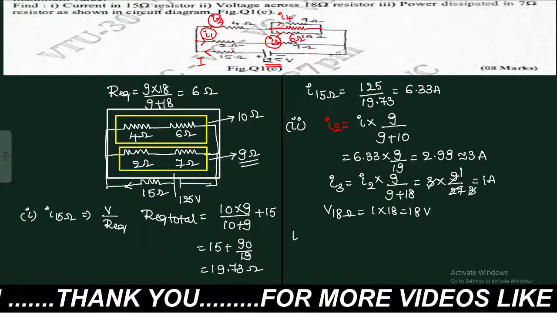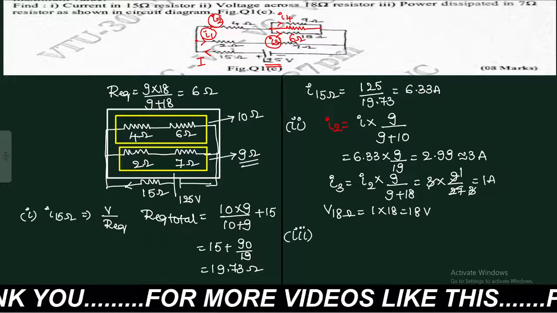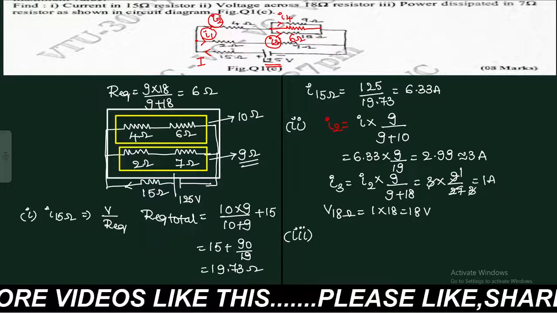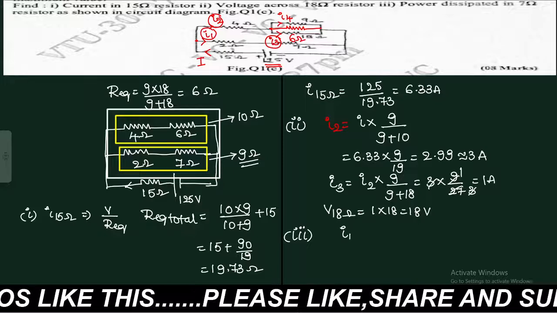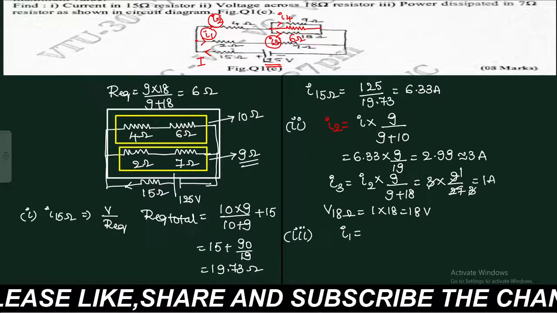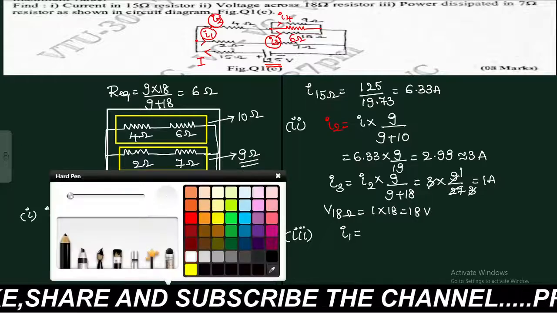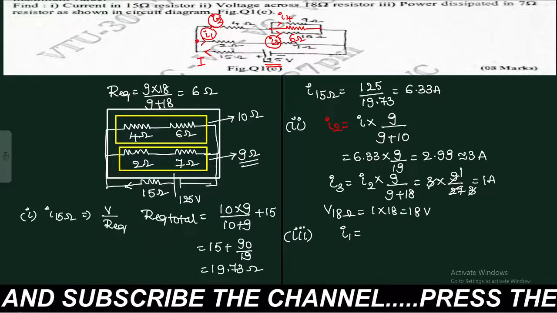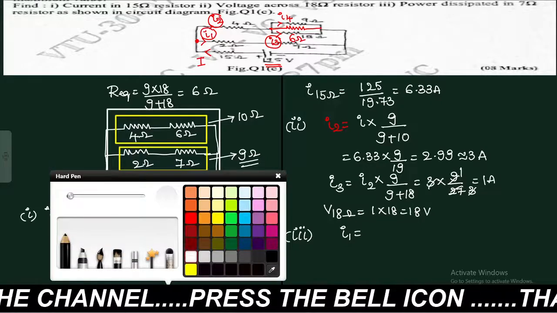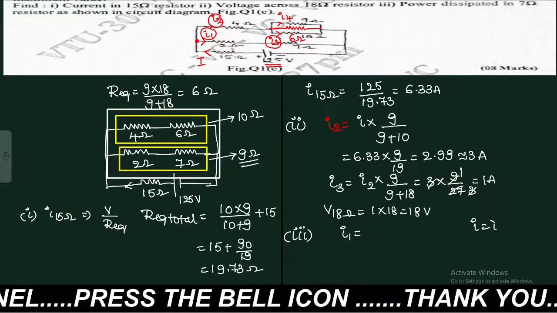Third question: power dissipated in the 7 ohms resistor. For that purpose you have to find I1. So I1 by applying KCL. Let us apply KCL at this node. We can write the total current I is equal to I1 plus I2.